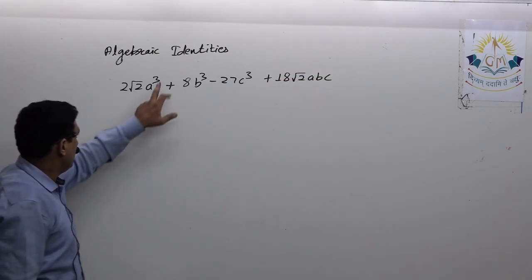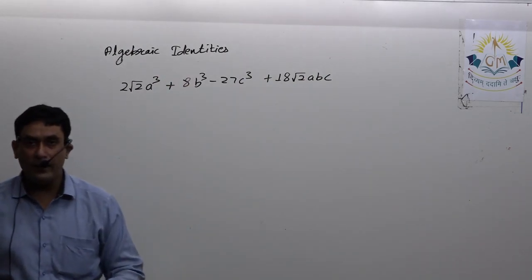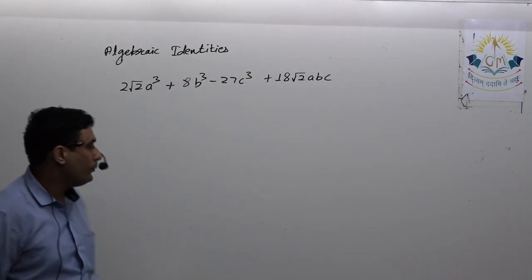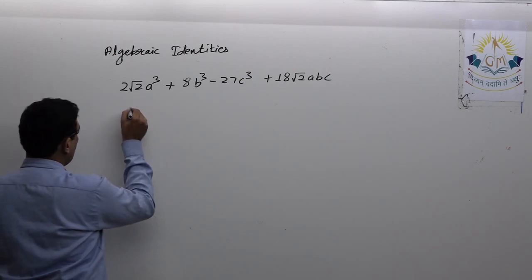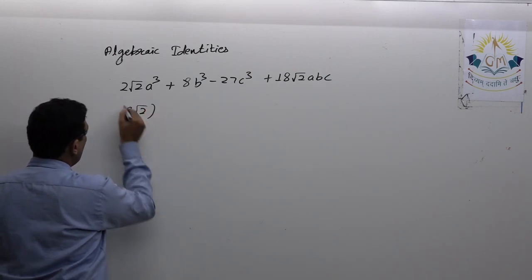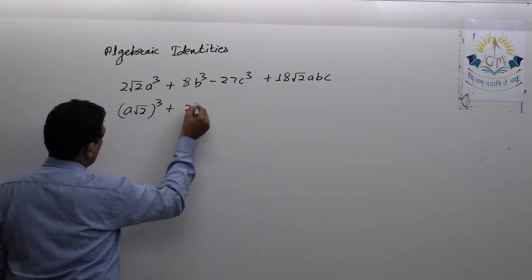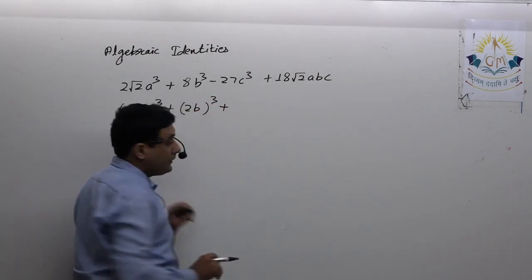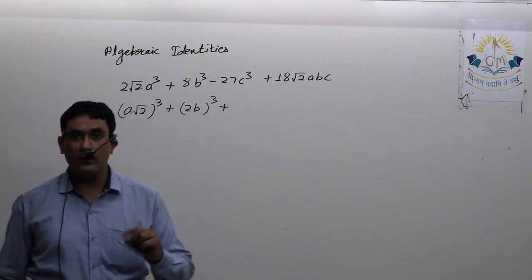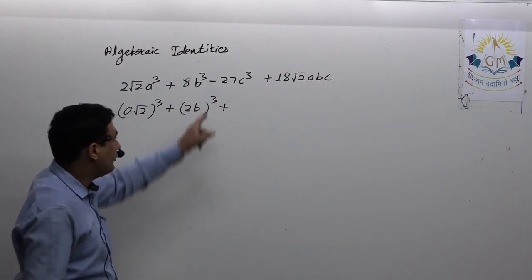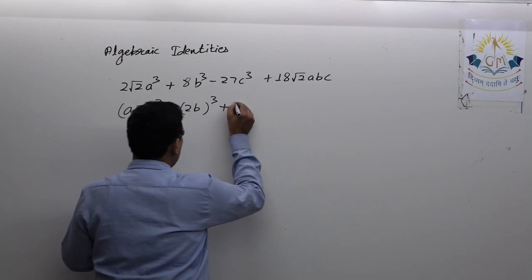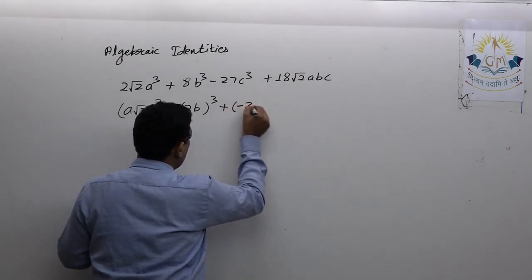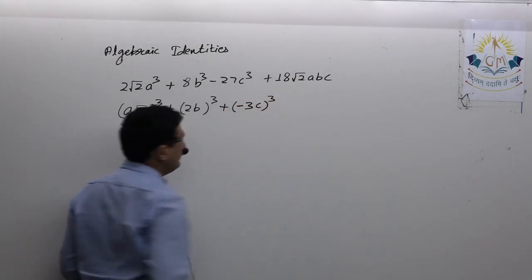Again, there are 3 cubes, so it might be the identity of a cube plus b cube plus c cube. So let us see. Yes, this is a root 2 whole cube. This is 2b whole cube. This is c. The identity is a cube plus b cube plus c cube. Here it is negative, so I write plus minus 3c whole cube.